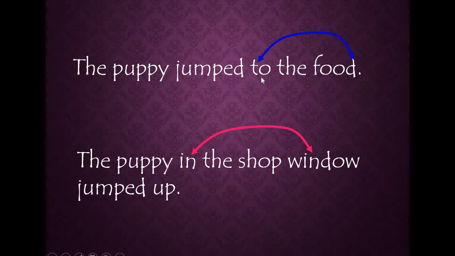But if you find a preposition and there is a noun after it, this is of course a prepositional phrase, it is not an adverb. So if you find all the parts of the prepositional phrase, which are a preposition plus a noun after it, it is definitely a prepositional phrase. But if you find the preposition and after it there is no noun, it is not a prepositional phrase, it will be an adverb. Okay.